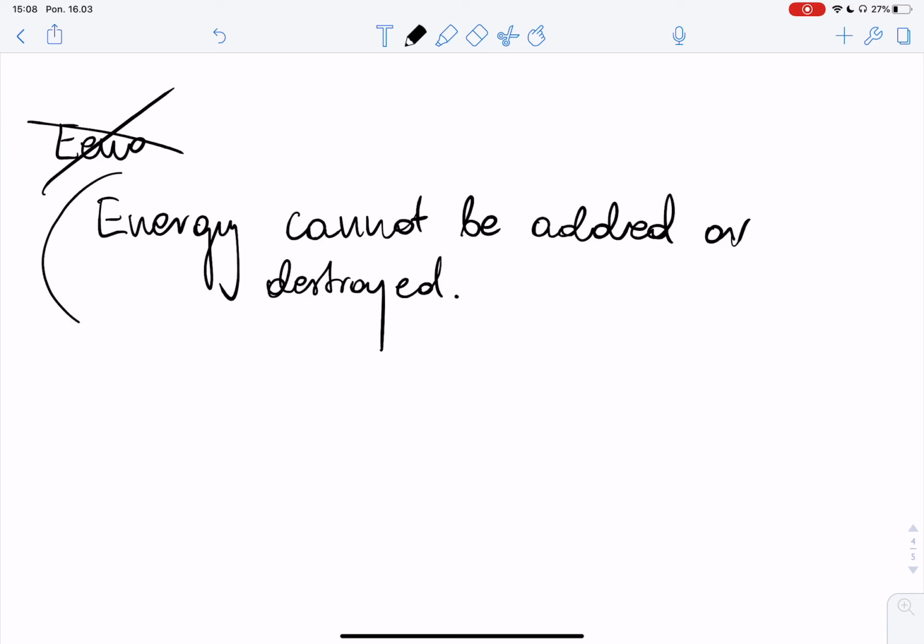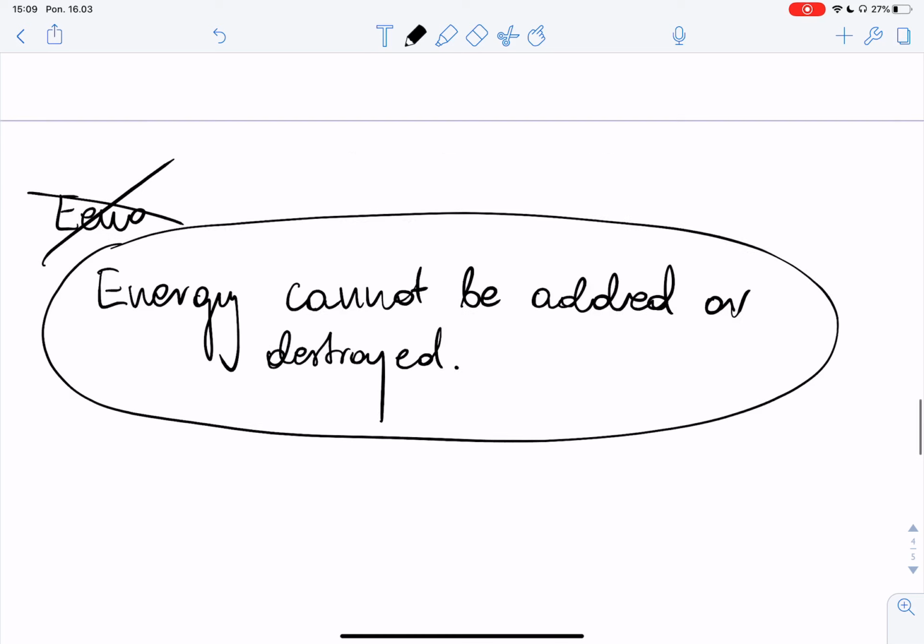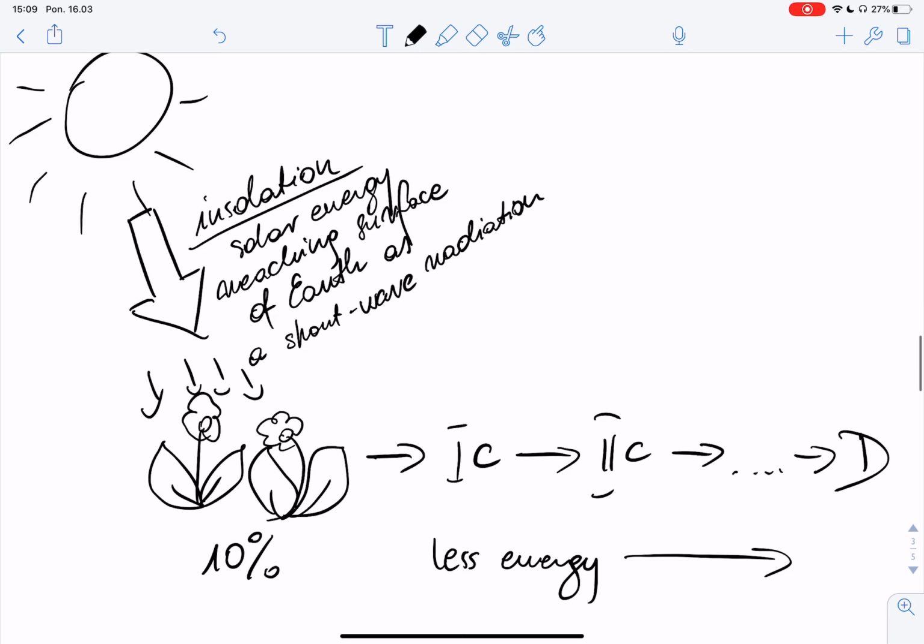And that's very important because energy simply is. There are various theories on where does energy come from, but this is the most important statement. Energy cannot be added or destroyed. So here it makes sense.